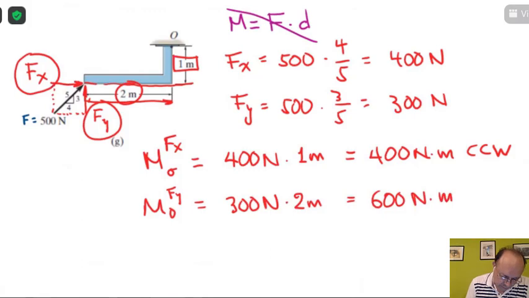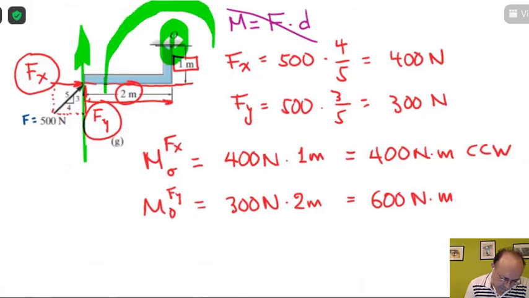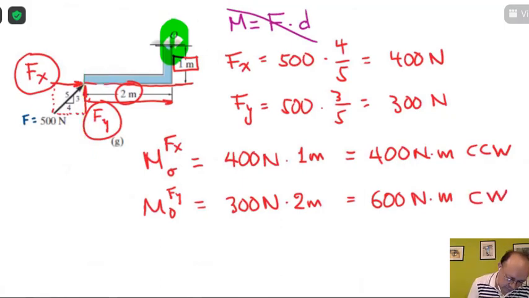And what is the direction of this moment? This force is going up here with respect to this point, and is going to make it rotate in this direction. So that will be a clockwise direction. So those two moments have different directions.